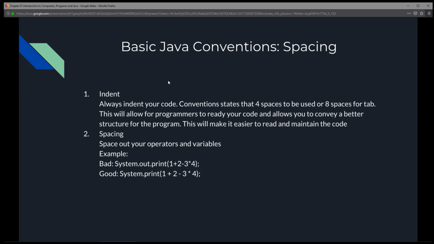If you want to write good clean code visually, you should always indent and space. Always indent your code. Convention states that 4 spaces be used, or 8 spaces for a tab when tabbing. This will allow programmers to read your code and allow you to convey a better structure for your program. This will make it easier to read and maintain the code.